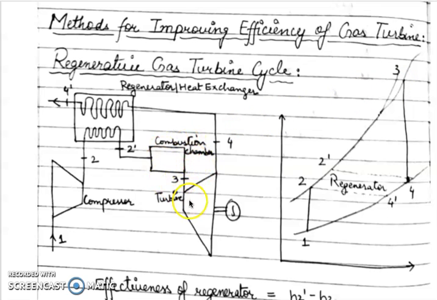The combustion chamber is followed by the turbine, where we obtain work output till point 4, and point 4 is the one where we want to extract energy, as it has high energy. From point 4 we try to take the heat out till point 4 dash only, because at this condition the exhaust condition becomes the same as the compressor outlet condition.